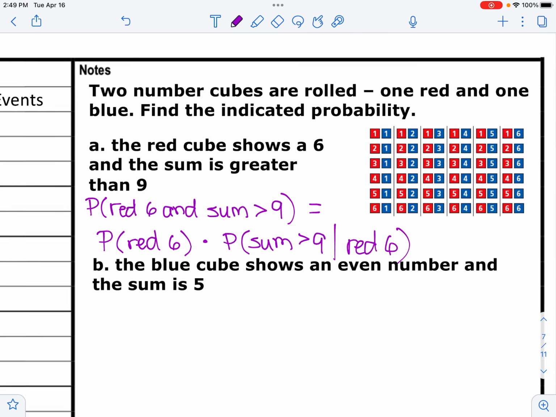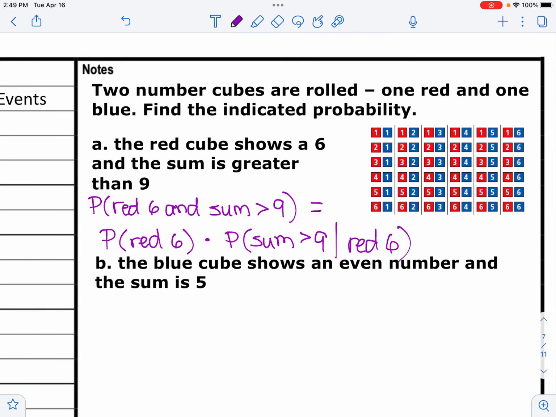That the red 6 has already happened. And because that impacts the probability, the first thing impacts the second one.